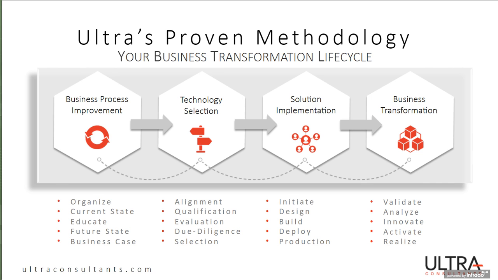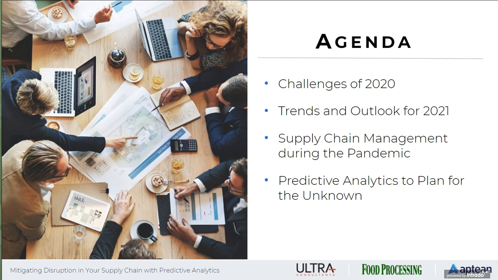The real quick agenda today, first of all, we're going to take a look at the challenges of the past year, and I think without a doubt, all of us can say 2020 was pretty challenging. But we're going to spend a lot of time looking ahead to 2021 and trying to understand what the trends and outlook for 2021 will be. Hopefully, it's going to be a whole lot better than 2020.